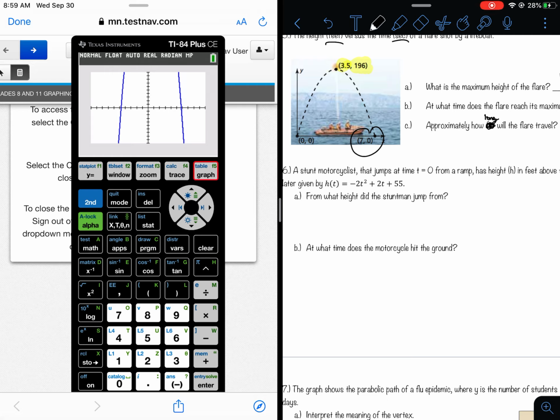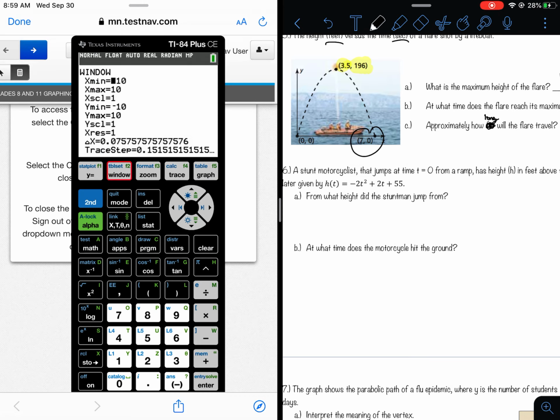And so when we graph this, obviously we can't see this. I need to go higher on my graph. So one of the tools that you can do is change your window. Right now my window is 10 by 10, but I need the y value to be higher. Right now the y only goes up to 10. The y-intercept is at 55, so I need at least that.